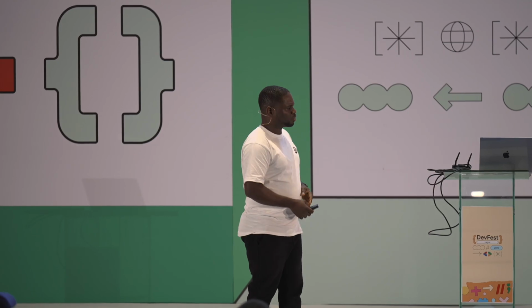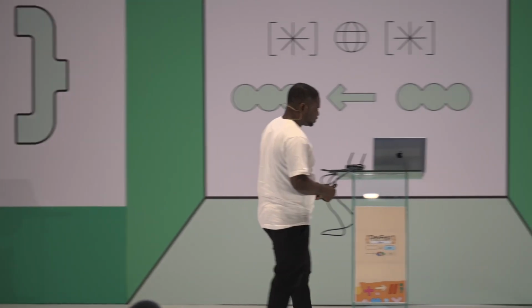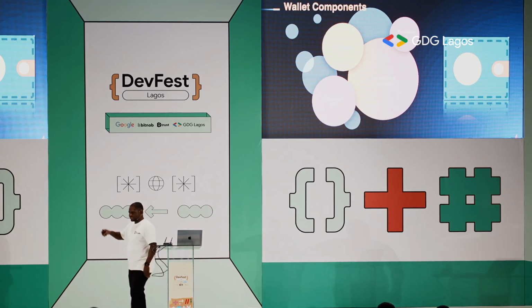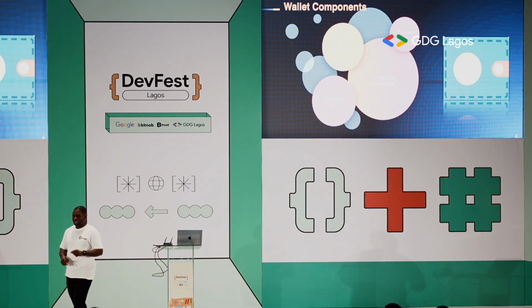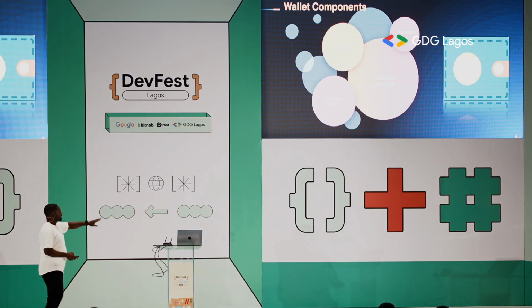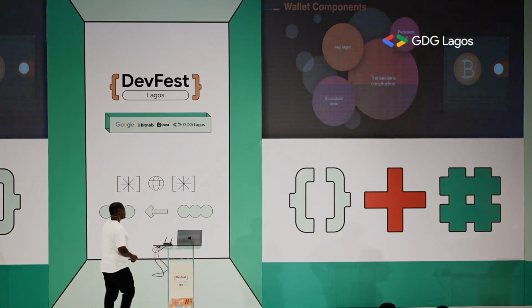So you need to find a way by which your wallet can get information about the keys that you have. So all these components come together. There are so many other ones that I left out, but at a higher level, these are the components that make up what a wallet is.